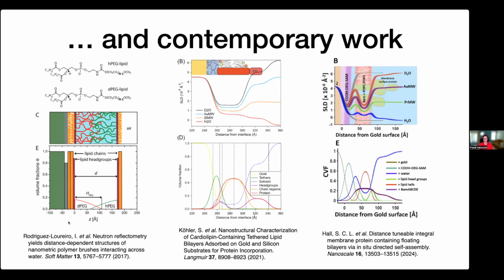This is a soft matter work from Emanuel Schneck's group, where there is a lipid bilayer interface and then polymers. They use composition space modeling in the sense that the modeling takes place here in real space, and then a scattering density profile is calculated.